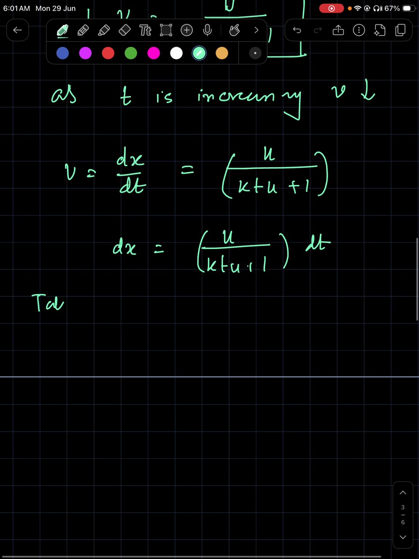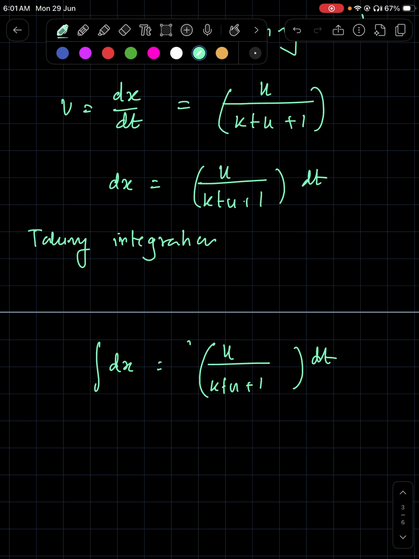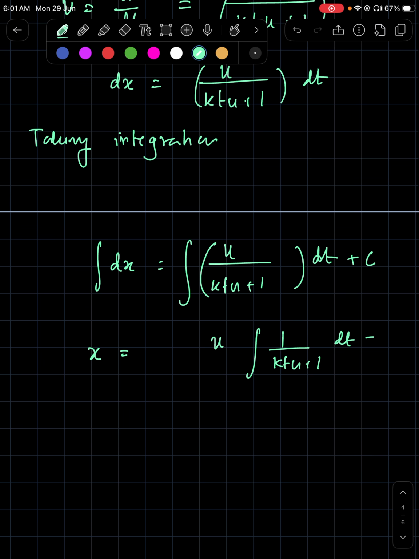Taking integration, dx equals the integral of u by ktu plus 1 dt plus c.